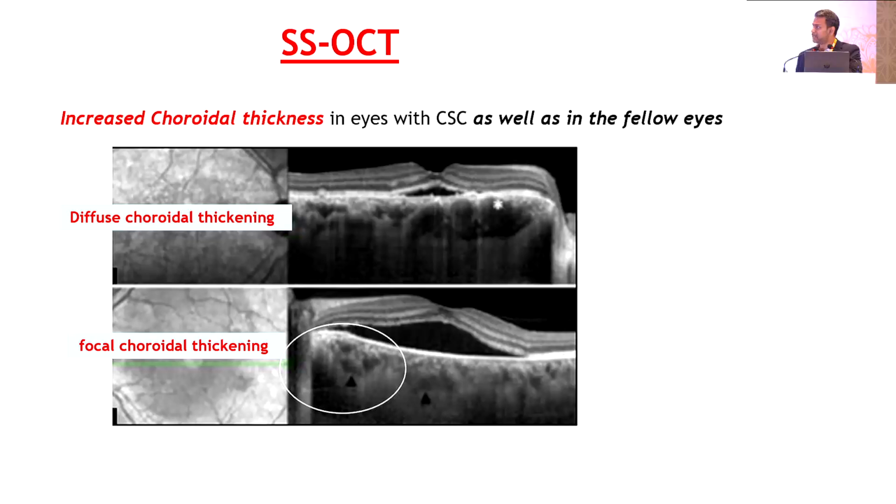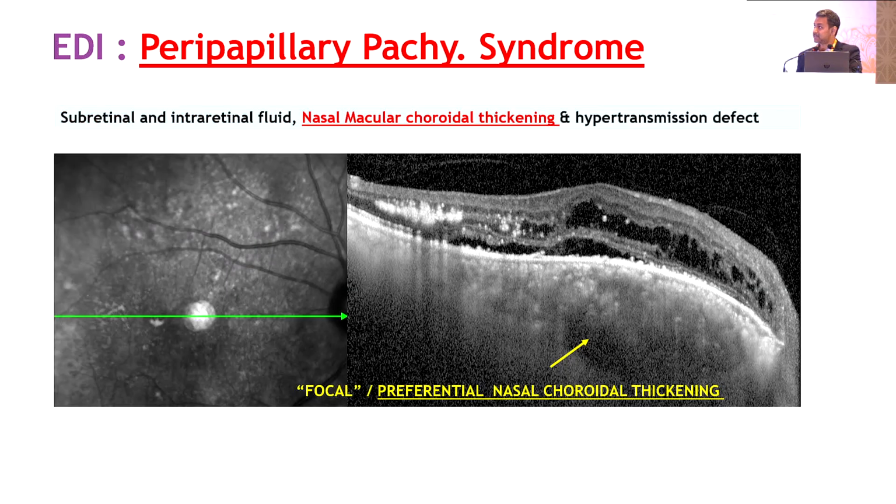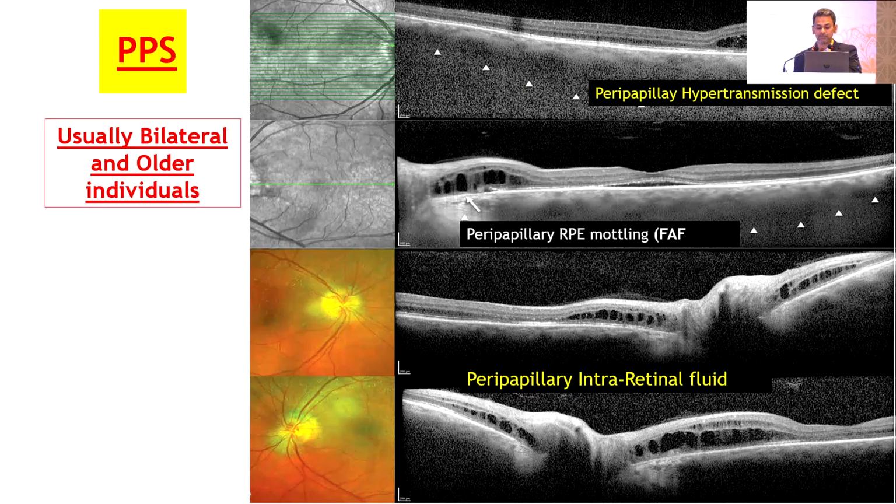So as we were mentioning, swept-source OCT showed it could be a diffuse thickening or a focal choroidal thickening, especially nasally or temporally. The best example in this scenario is peripapillary pachychoroid syndrome, which I believe is again a variant of CSC which happens in the elderly and is bilateral. So you have a preferentially thickened nasal macular choroid and nasal macular intraretinal and subretinal fluid.